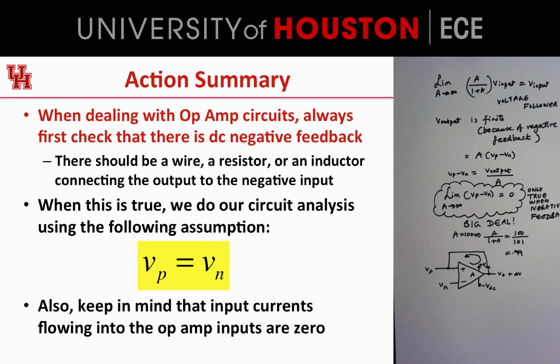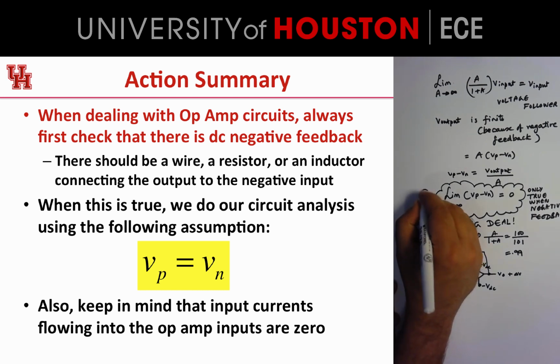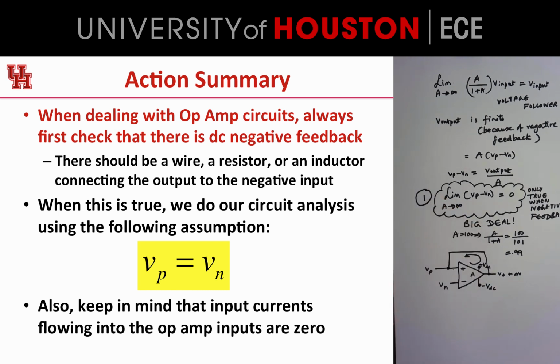So to summarize, our first action step, let me call this step 1, is to make sure that there is negative feedback. Let's talk a little more about this negative feedback. What I'm saying is that there has to be a path for current to flow from the output to the negative terminal of the input.